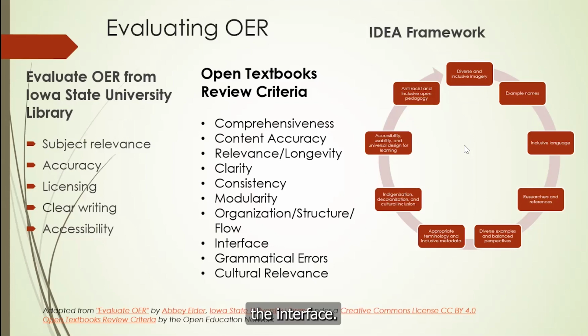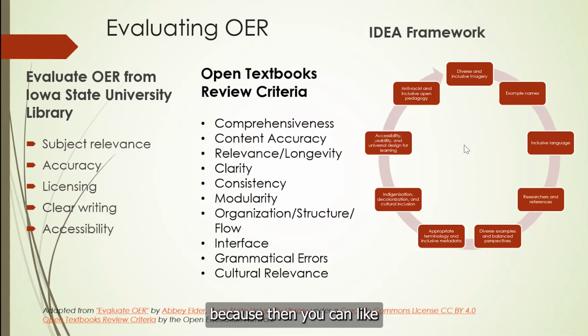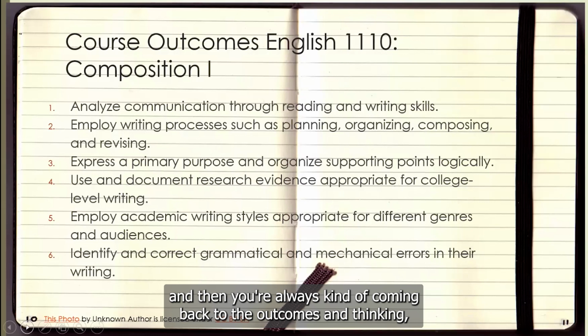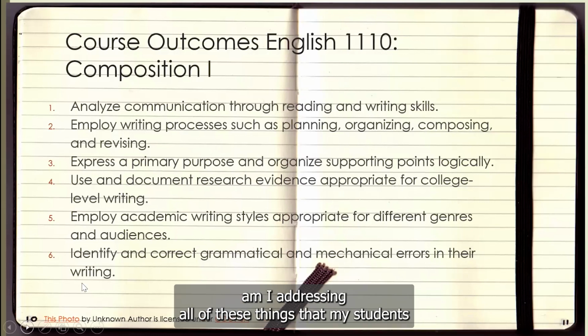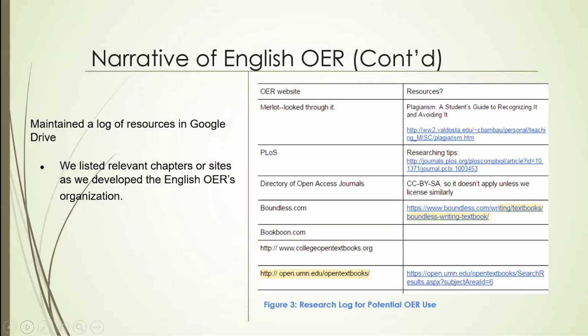For example, the interface: does it work well with students? Modularity of the materials can be super helpful because then you can take chunks of it and put it in different areas of your classes. And then you're always coming back to the outcomes and thinking, am I addressing all of these things that my students need to learn in order to meet the outcomes of my course?